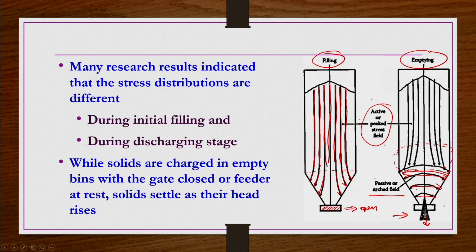Because the material is flowing and contracting in the lateral direction, the stresses are also distributed in the lateral direction. So, because of the lateral contraction, the stresses are in an arc direction as shown here. This is how the pressure distribution differs while filling as well as emptying.